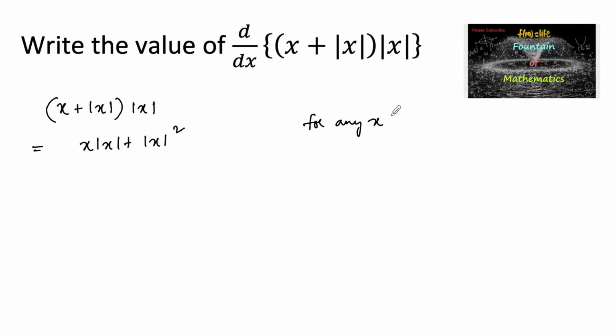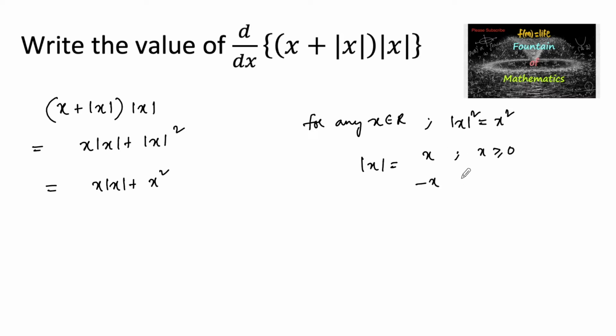For any real number x belonging to R, mod x whole square is the same as x square. So we can write this as x into mod x plus x square. And from the definition of the modulus function, mod x is equal to x when x is greater than or equal to 0, and negative x when x is less than 0.